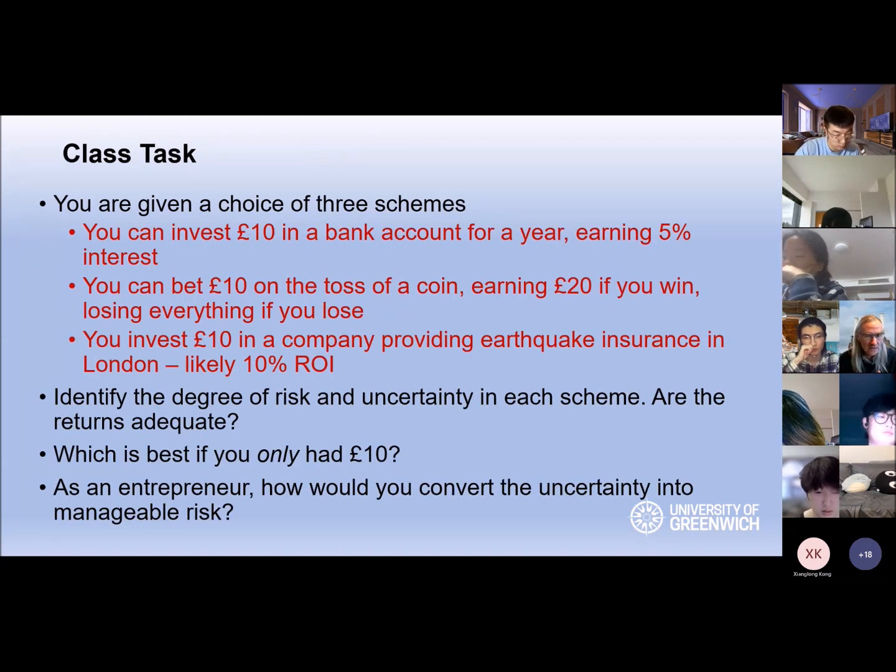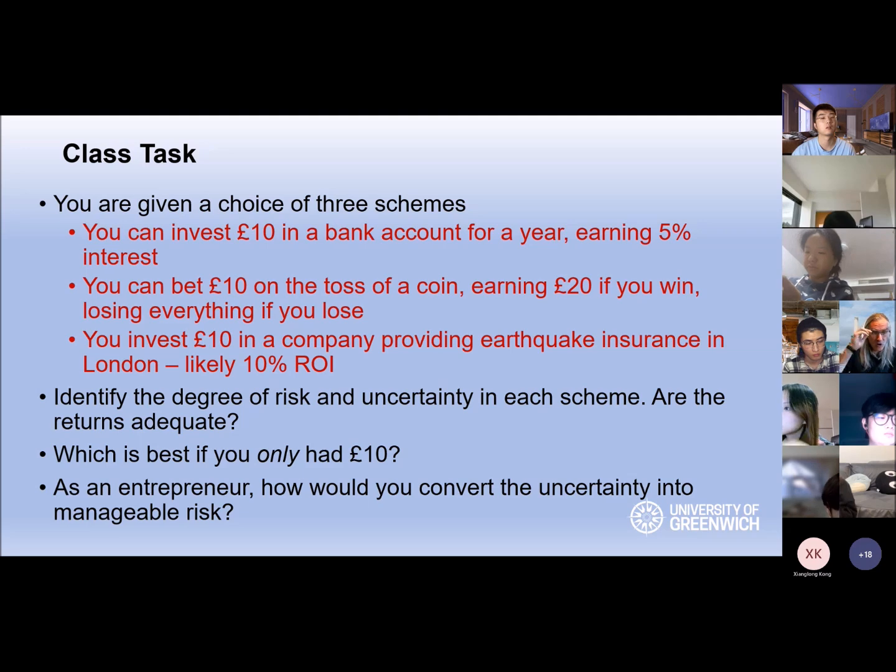I won't do this now, or at least I won't do it as a class task, but I'll talk you through it, because what often happens with risk is that people don't calculate it correctly, or rather consumers calculate risk in a very human and psychological way, which is not the same thing as the way businesses calculate risk or the way you would mathematically calculate a risk.